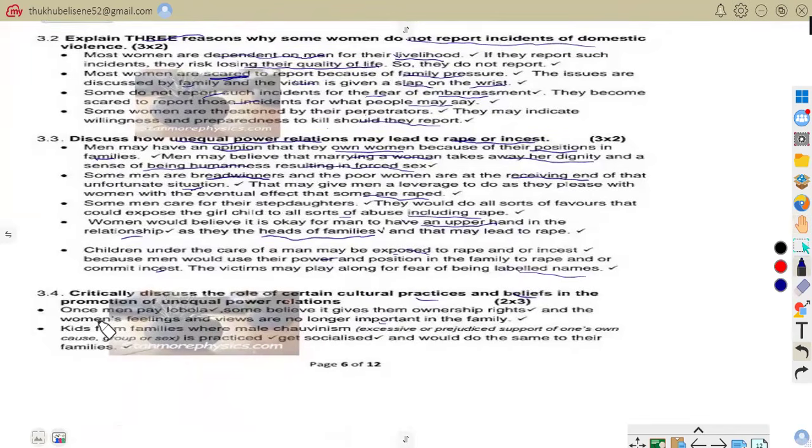It says, once men pay lobola, some believe it gives them ownership rights, and women's feelings and views are no longer important in the family.